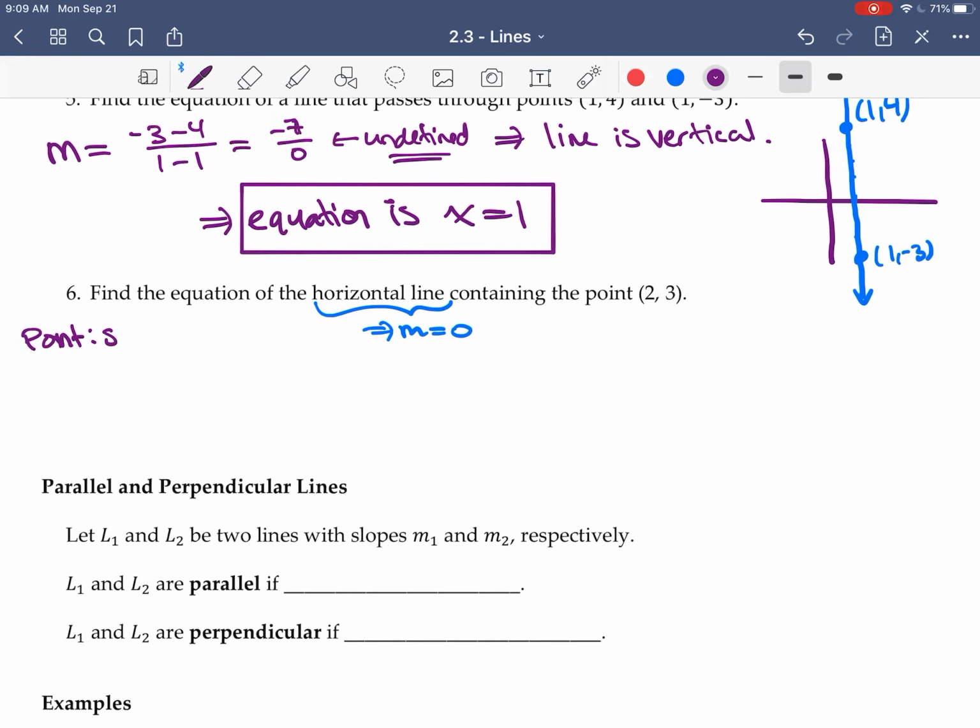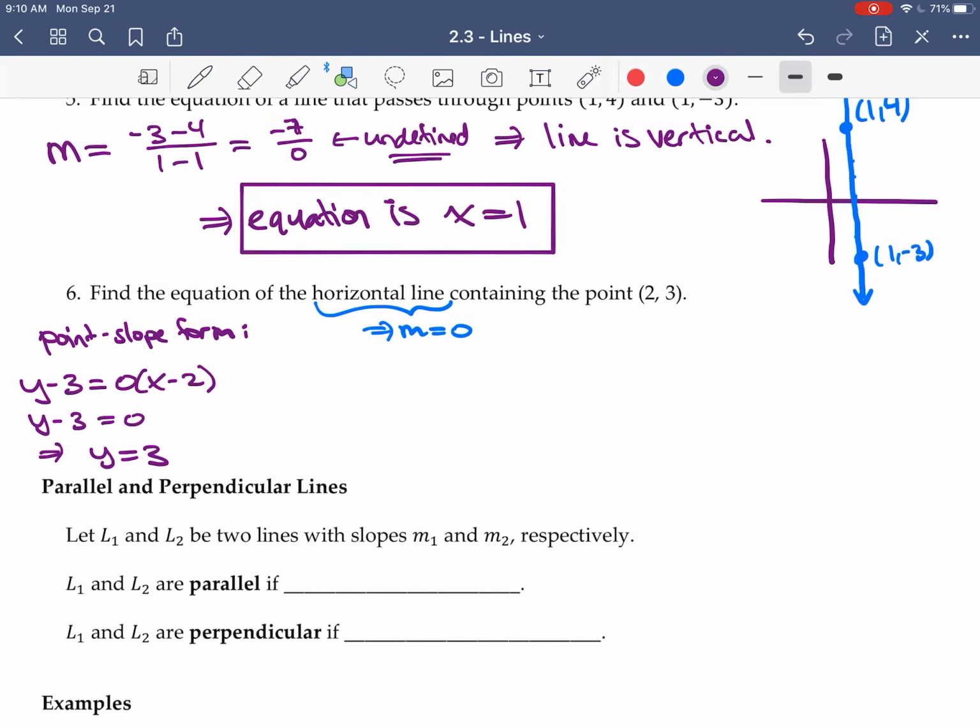Let's do it both ways here. If you don't realize which value you should take, then you can use this form. So it's going to be y minus 3 equals 0 times x minus 2. 0 times anything is 0, so I get y minus 3 is 0, which means that y equals 3. And this is our equation.